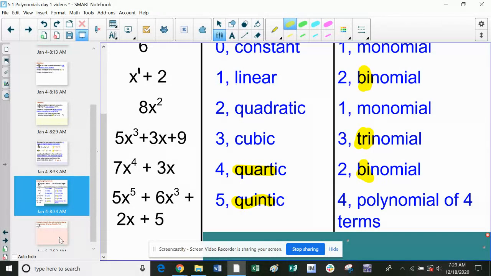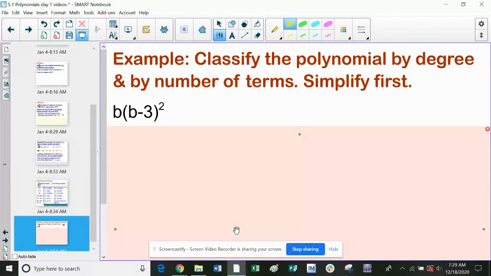Okay, now we've got these things named. Let's play with them. We're going to classify this polynomial by degree and by number of terms, but first we have to simplify. That thing needs some help. It is not multiplied out. Now, biggest mistake people make is they square the b and square the 3 and think they're done. Or they'll take the b and multiply it in first.